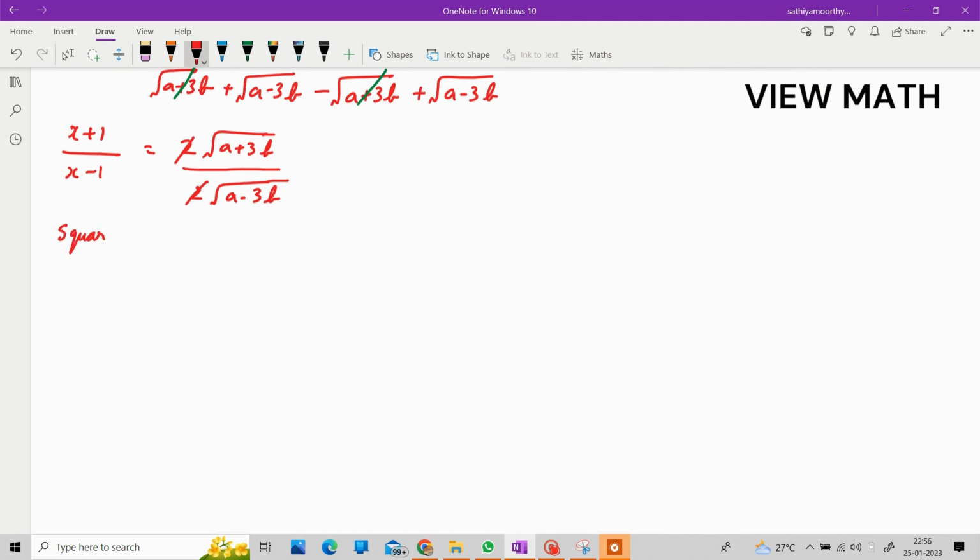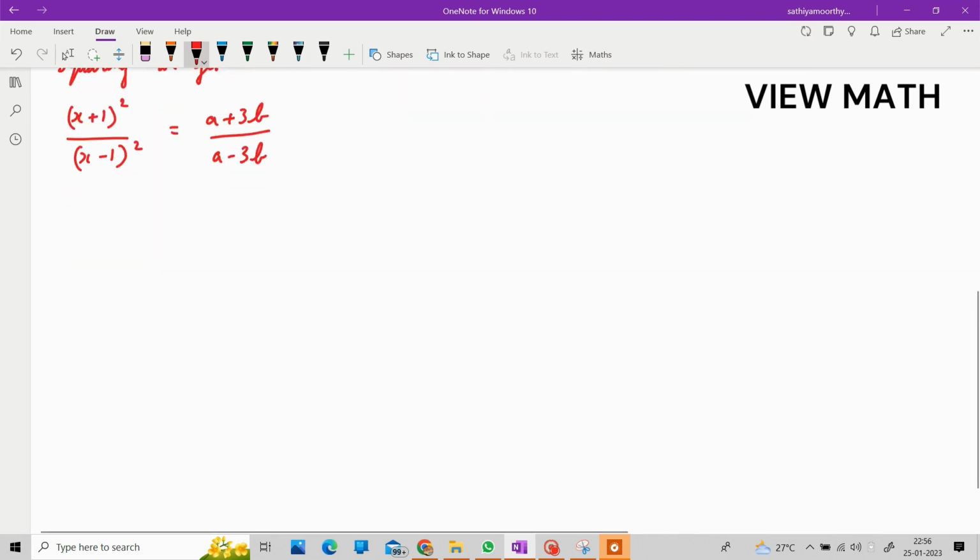Squaring, we get here it is x plus 1 the whole square by x minus 1 the whole square is equal to a plus 3b by a minus 3b. Now here x plus 1 the whole square, so I am going to apply a plus b the whole square formula.